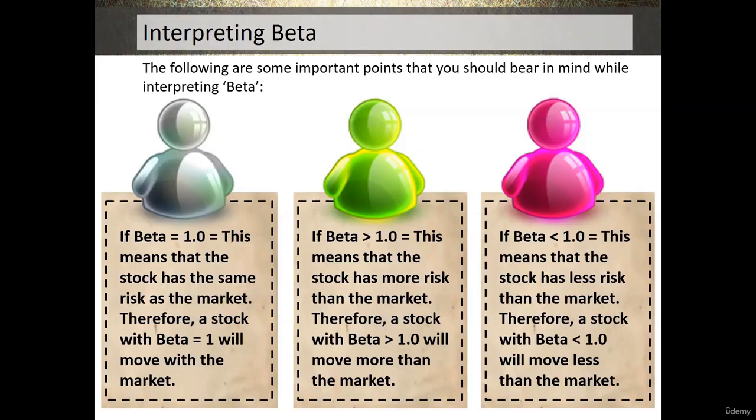And on the other side, since it has a negative sign, if the market moves up by 10%, my stock is going to fall by 15%. And if the market falls by 10%, my stock is going to increase by 15%. Okay. So that is how we will interpret beta, and how exactly beta tells us the overall performance of a stock, right?